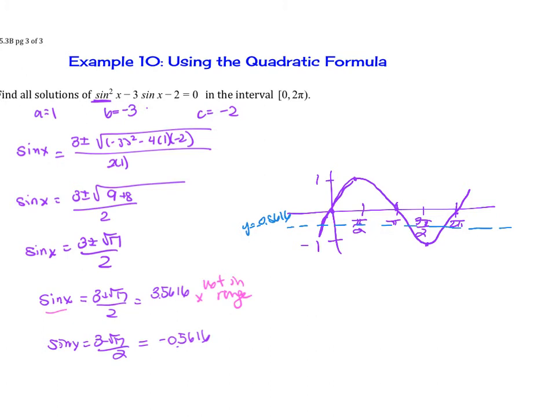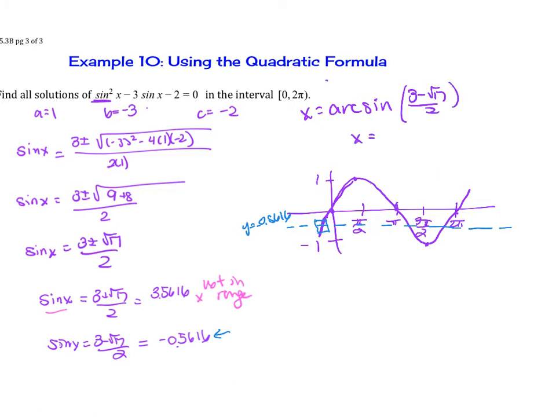What we need to do is find the arc sine to be able to find where the x value is that it intersects at this one point, right? So we're looking at negative 0.5616. We do this: x equals arc sine of 3 minus root 17 over 2. Plug it in your calculator.